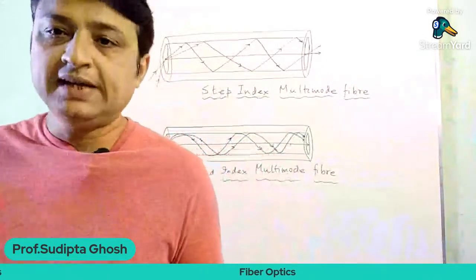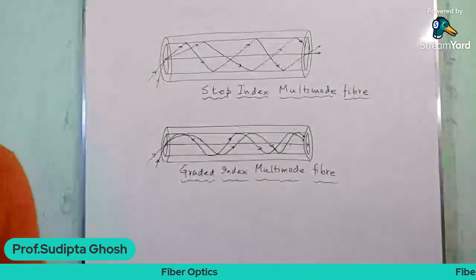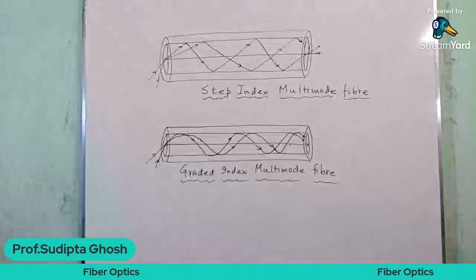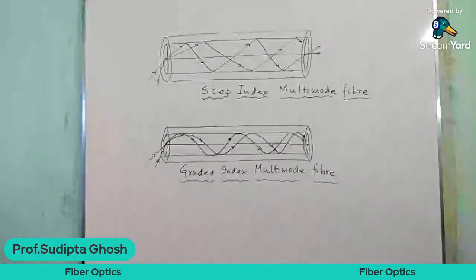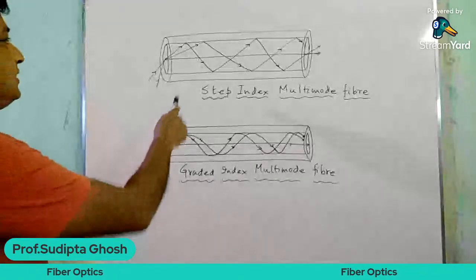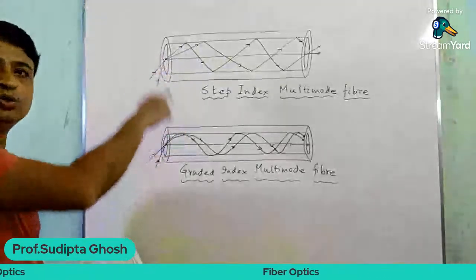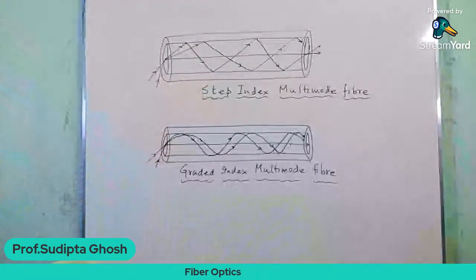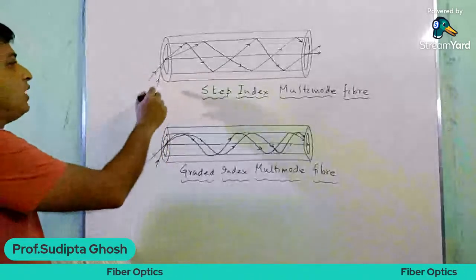Now these optical fibers are hairline thin flexible structures, and they can guide an optical signal from one place to another. It actually consists of an inner cylinder. Just consider this figure. There are two figures which I have drawn, but just consider the first one.